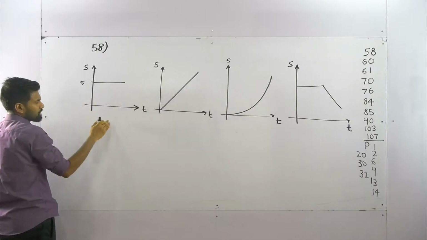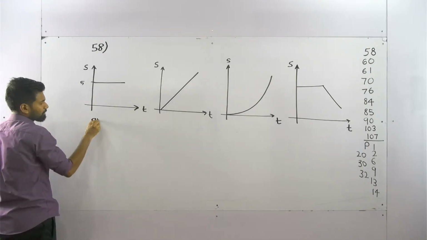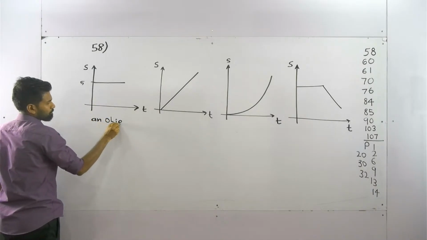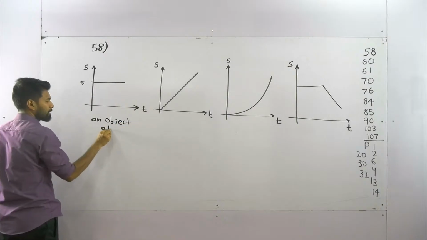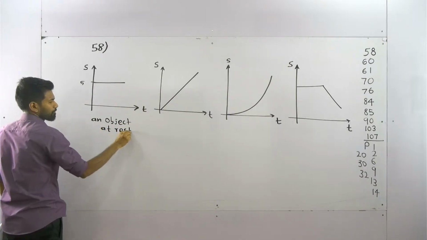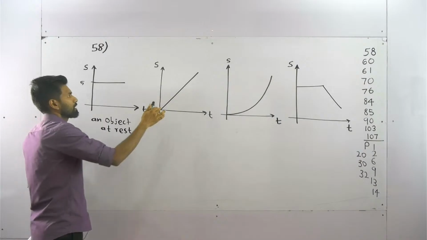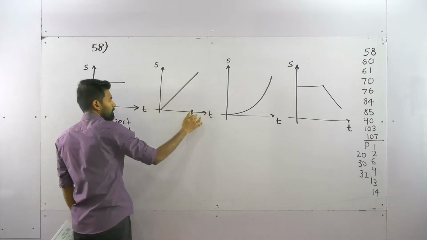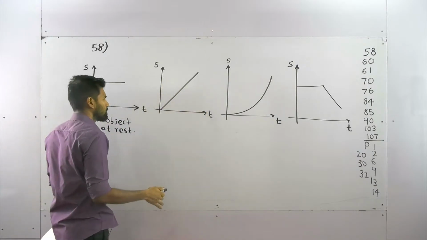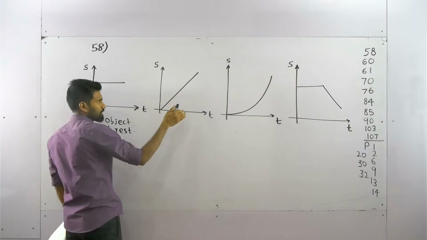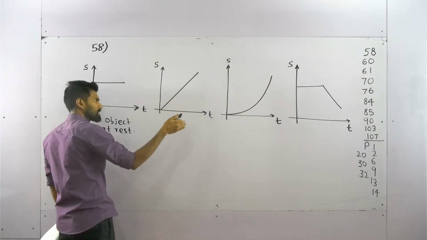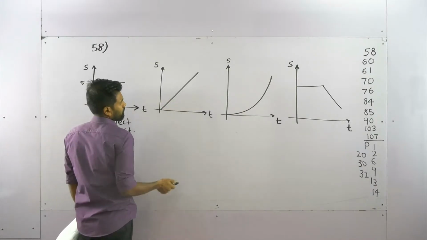This graph shows an object at rest. Okay. Here in a displacement time curve, the gradient represents the velocity.